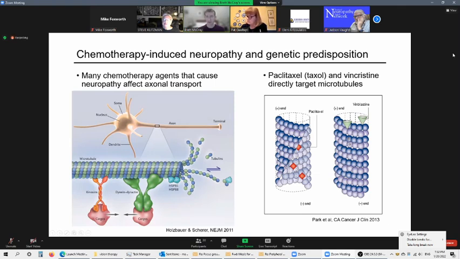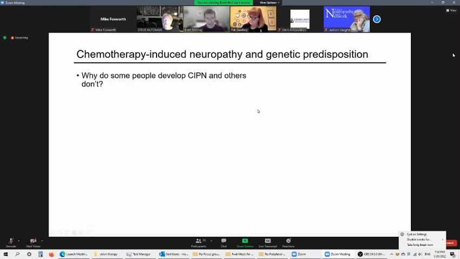So there's a real connection between what these things seem to be doing and some of the forms of CMT that I mentioned. One of the big questions with CIPN is why some people get it and others don't. Most people don't. It's really hard to predict who's going to get CIPN.